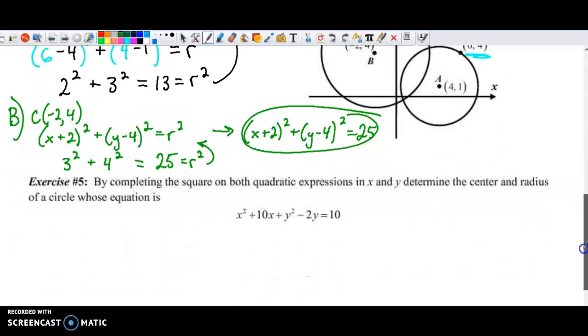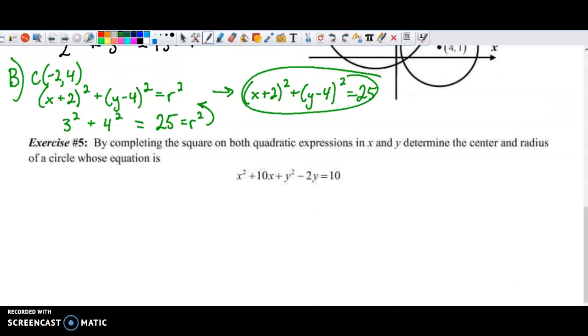And then our last problem is getting us to practice probably the most difficult skill here, which is to get it from this form into the form that we've been playing with to get the center and the radius. And it's going back to completing the square and that process. So what I like to do is just rewrite the problem with blanks in here.